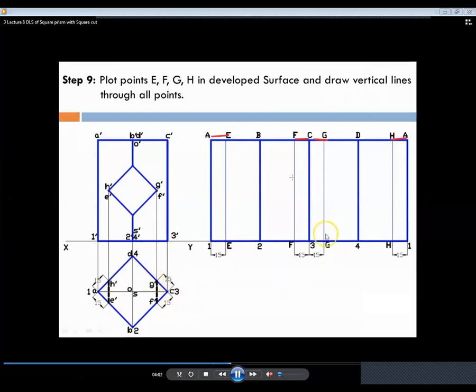After marking all these points, you have to take care that these lines are faint because this is the cut portion. F, E, G and H, the straight lines drawn in development, are the faint lines. After complete drawing, we will see which are the dark lines and which are the faint lines.